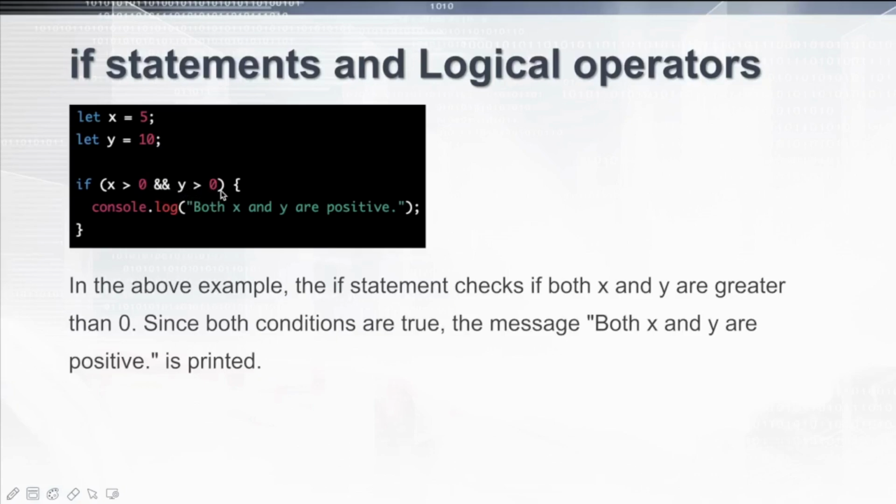Both x and y must be greater than 0 for this condition to be true. In this case, this is true, so we display "both x and y are positive".